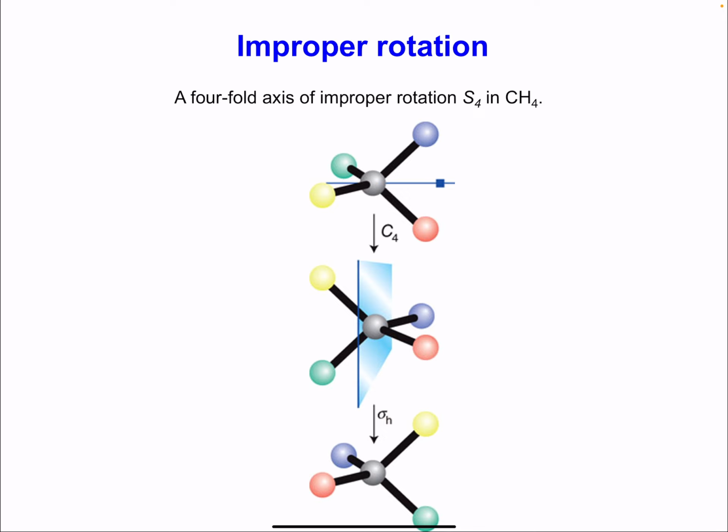Okay, the last symmetry operation we're going to discuss here is improper rotation. Let's look at this molecule. We call that methane, CH4.